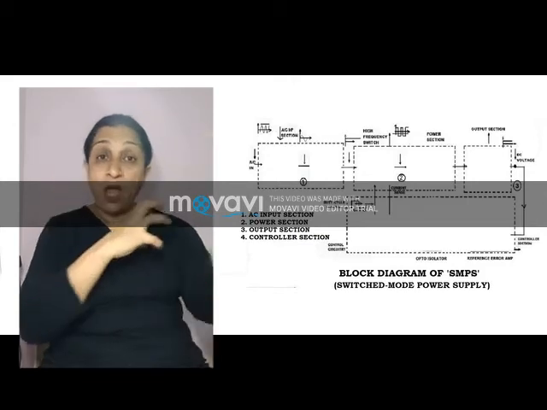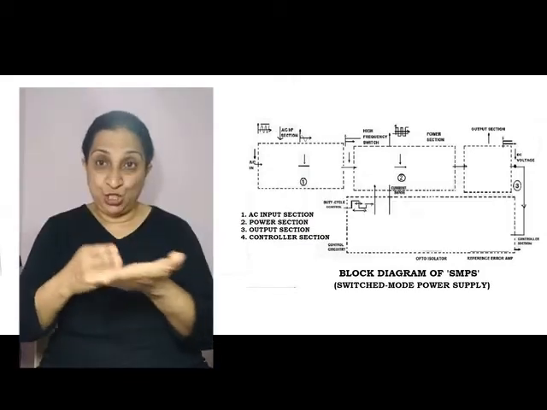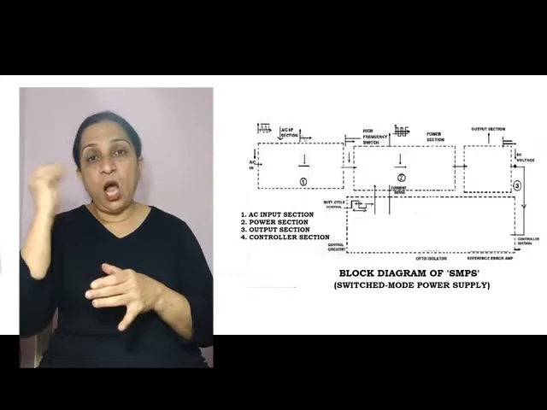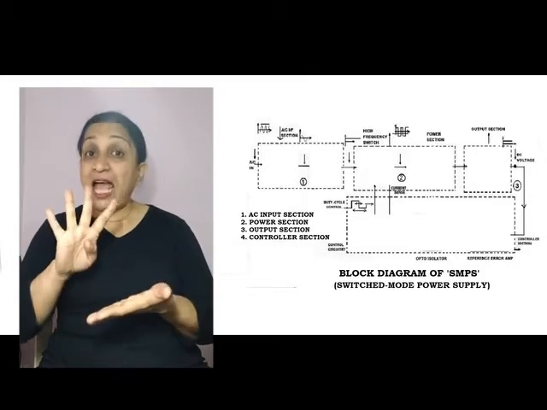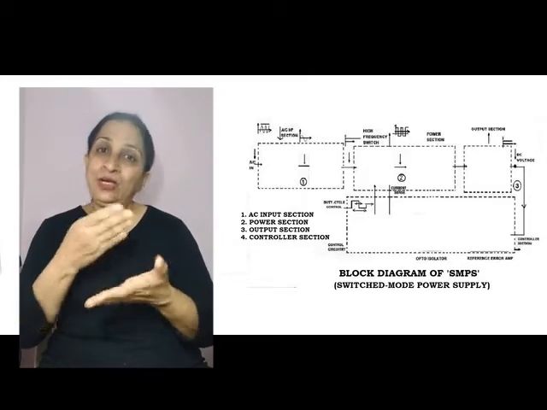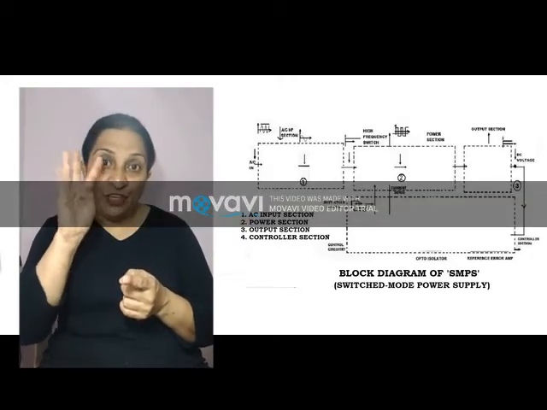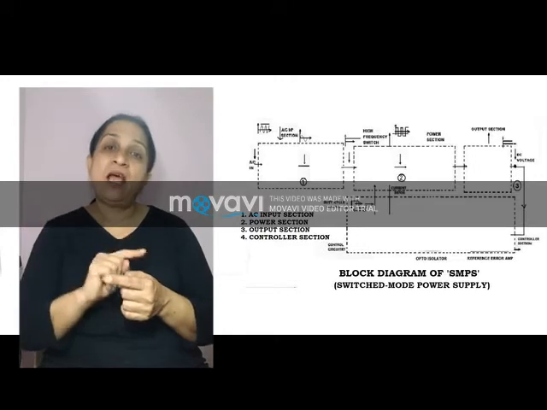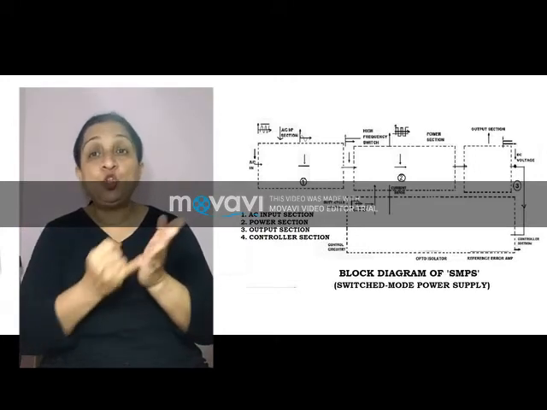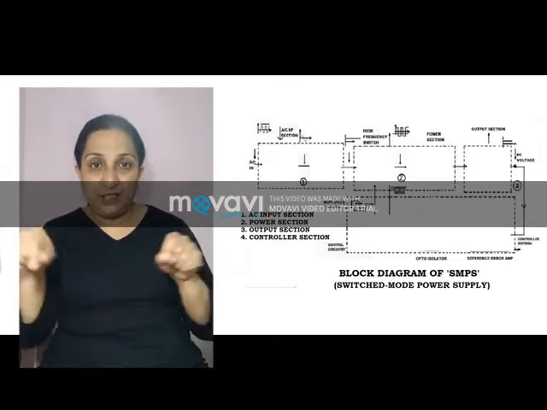The second is the power section. Third is the output section. And the fourth is the controller section. So you have to write 1, 2, 3, 4 and write these down first and draw 4 squares.